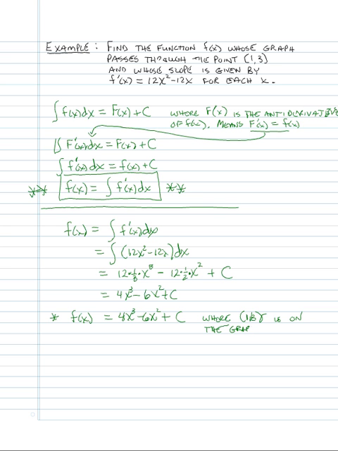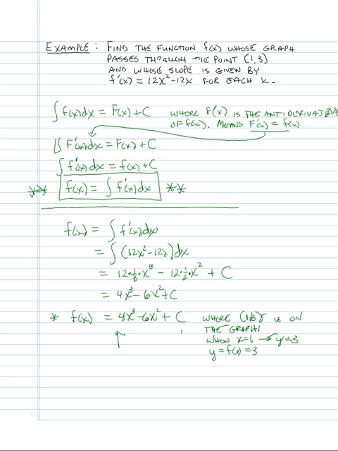For a point to be on the graph means that when x is 1, y has to give 3. And the y value is actually f of x. So f of 1 has to be 3. That should give us the information we need.